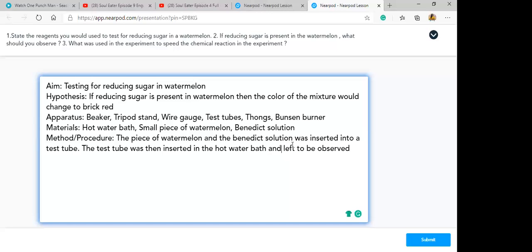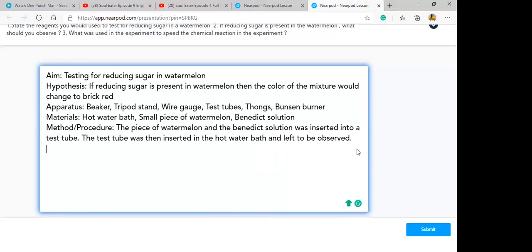Left to be observed. Full stop. So the next thing now is the observation, what you saw.